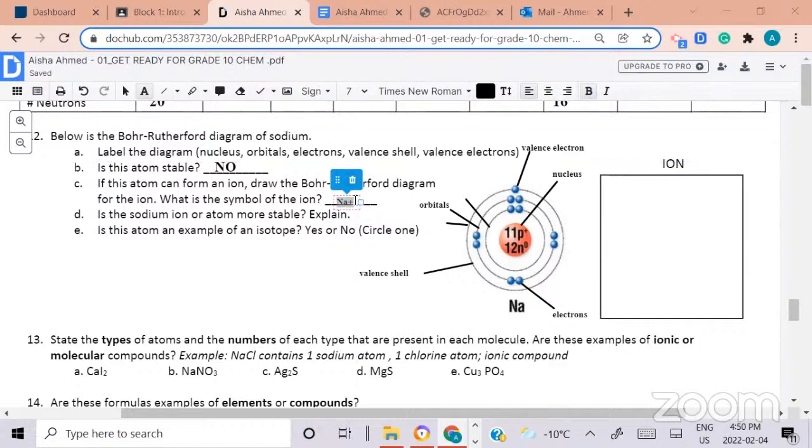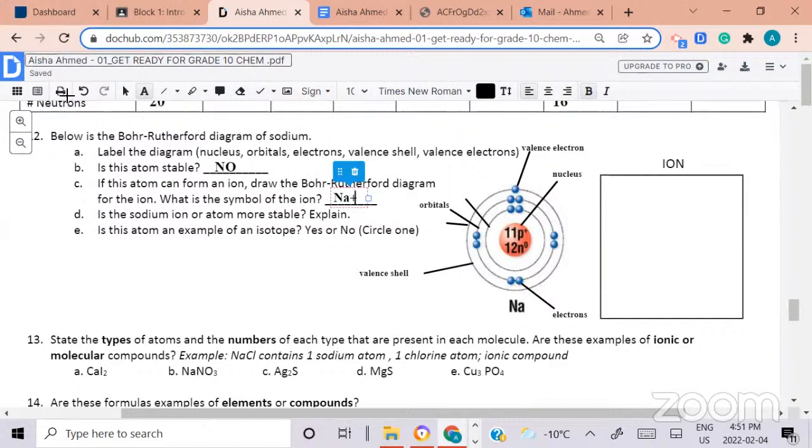First, tell me what an ion means. An ion is when an atom either loses or gains electrons. If it loses electrons, it's called a cation, and if it gains negative electrons, it's an anion.